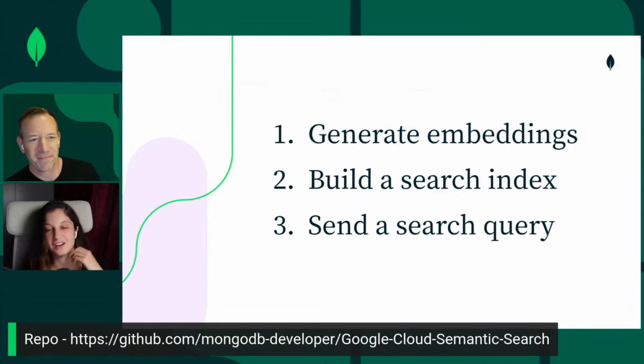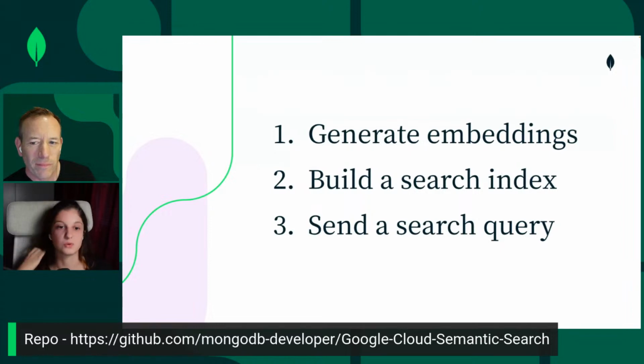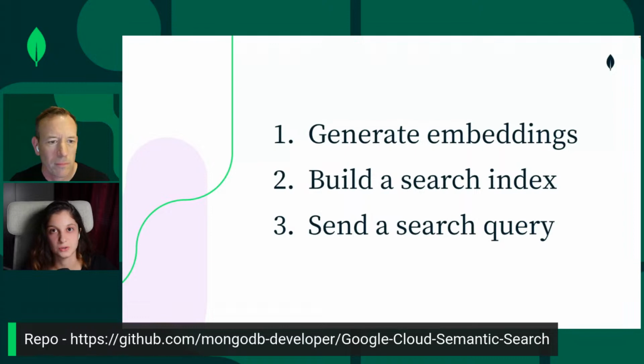So if you want to try it at home, please feel free to, or if you just want to steal some of the embedding generation code or the code for sending a search query, just go ahead and do it. It's free and open licensed, if that's a correct word.